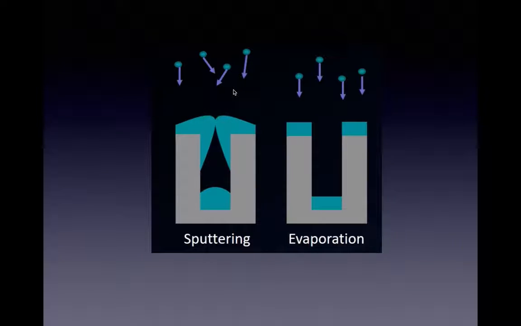So by controlling the pressure of argon gas in the vacuum, it can change the way the sputtered atoms are collected onto the substrate.